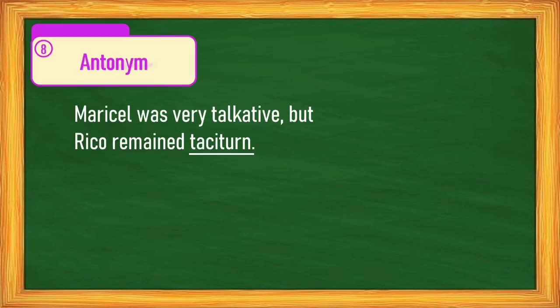The next clue that we can use in figuring out the meaning of the difficult word is antonym. Antonym is the opposite meaning of a word, showing contrast in a sentence with the use of the conjunction but. In our example, Maricel was very talkative, but Rico remained taciturn.